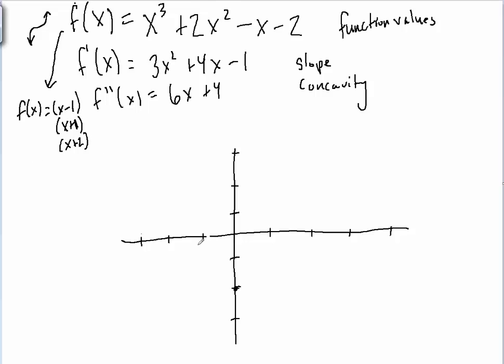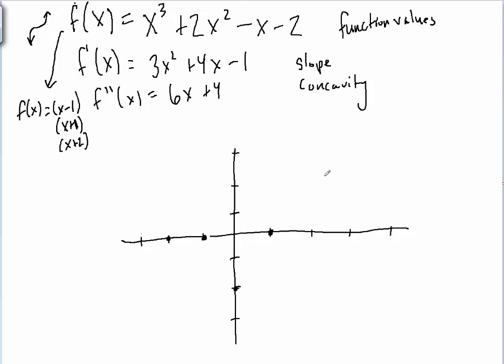So we have zeros at -2, at -1, and at +1. So there we've got some basic information. We've got our intercepts, both x and y.